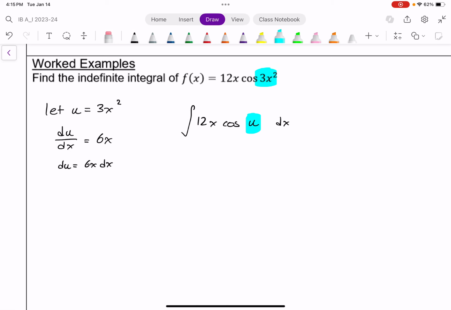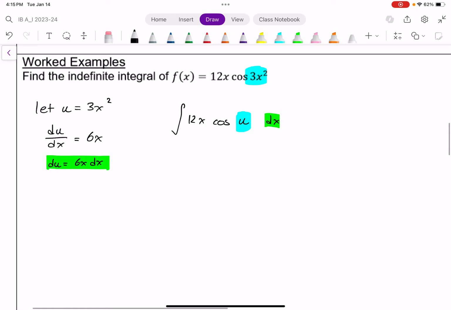Our goal, though, if that u is the correct inside function, is to use this right here to substitute out all our x's and have only the variable u. Now notice, what do I have here? I have 6x times dx. Well, there's the dx. I have 12x here, not 6x, but it's almost there. So imagine I take that 12x, I'll leave it like this for now, and I write it as the integral of 2 times 6x times the cos of u times dx.